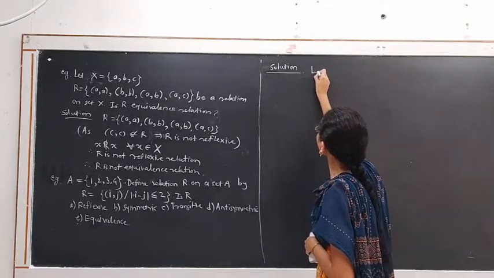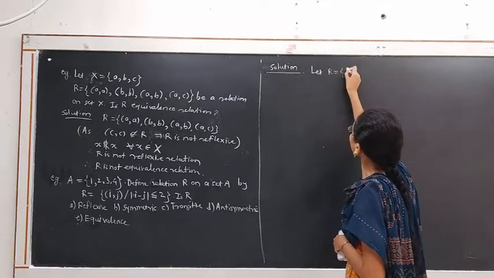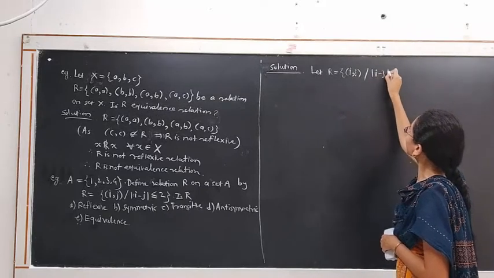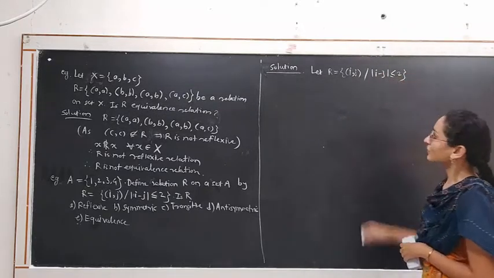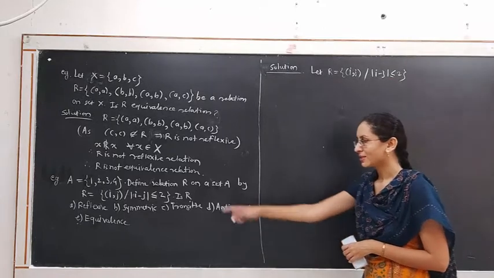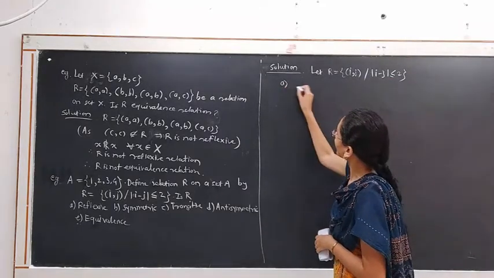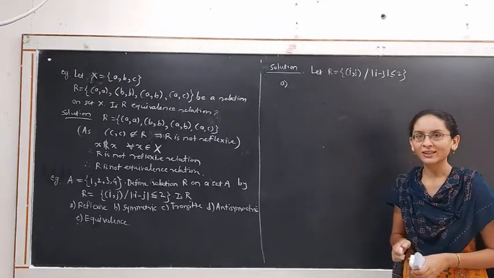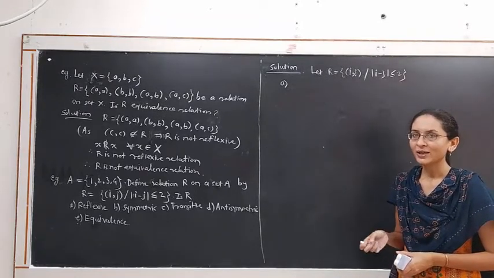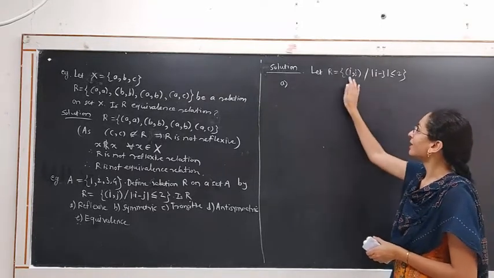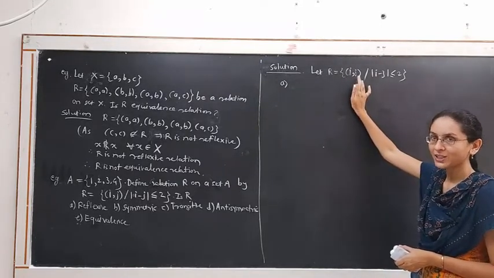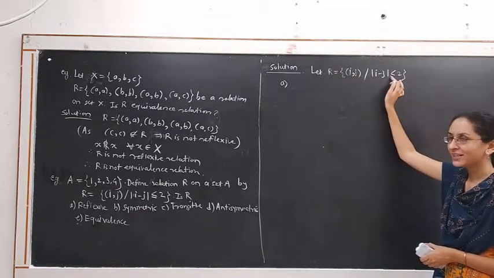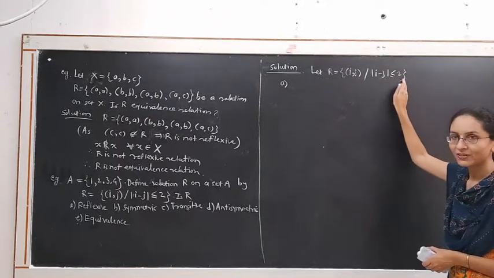It is given that R is equal to the ordered pair (i, j) where mod of i minus j is less than or equal to 2. First we check whether it is reflexive or not. For that, we check if every element of set A is related to itself: the ordered pair (i, j) belongs to set R if and only if mod of i minus j is less than or equal to 2.